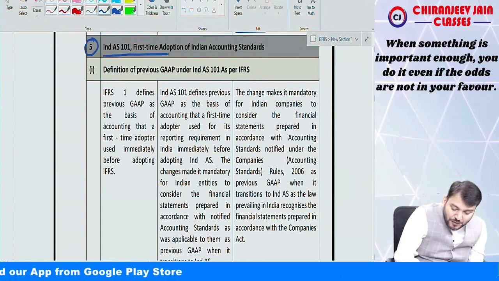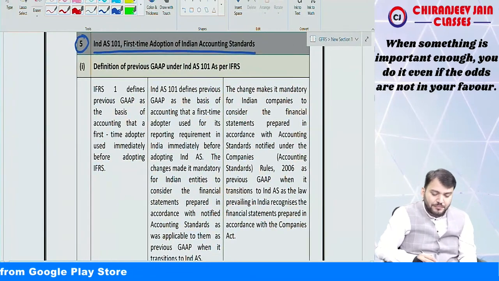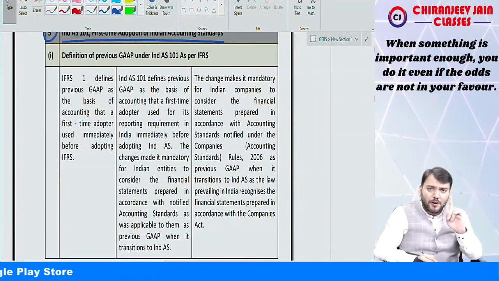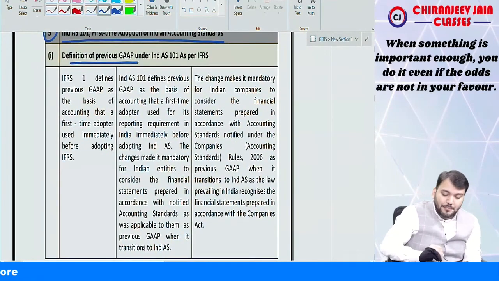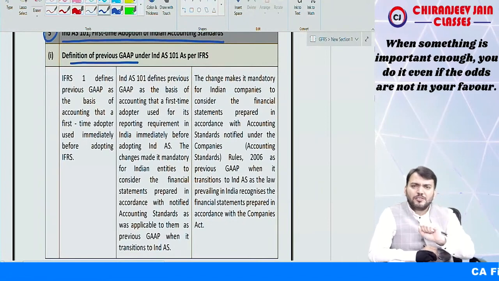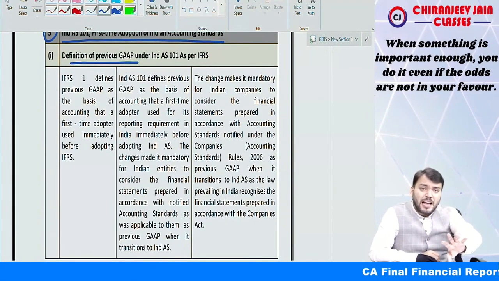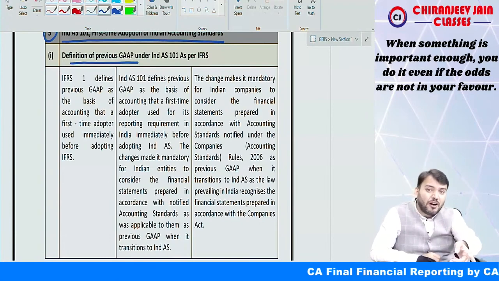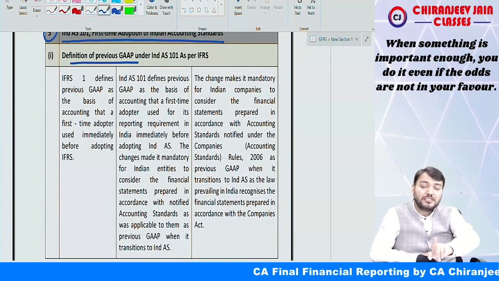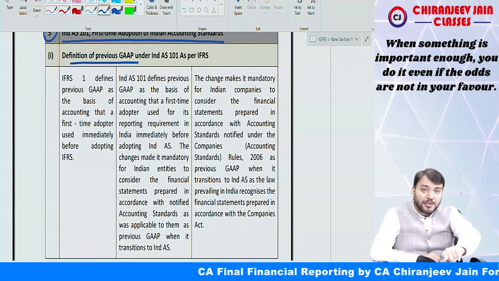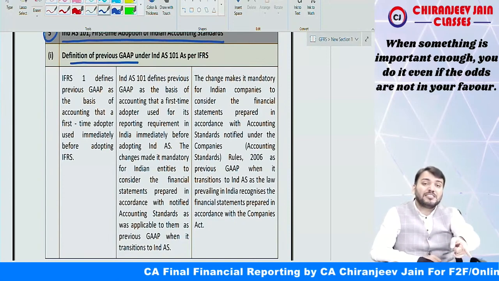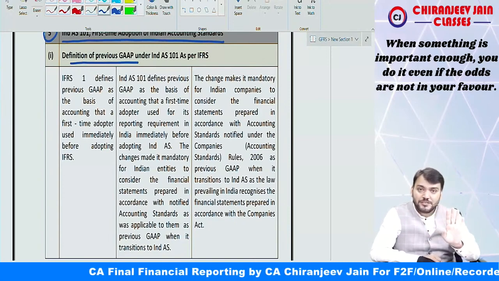Then point number 5. Ind AS 101, first time adoption of accounting standards. The first carve out is in the definition of previous GAAP under Ind AS 101. Ind AS 101 says previous GAAP is based on the Indian context, meaning financial statements prepared based on the Companies (Accounting Standards) Rules, 2006.